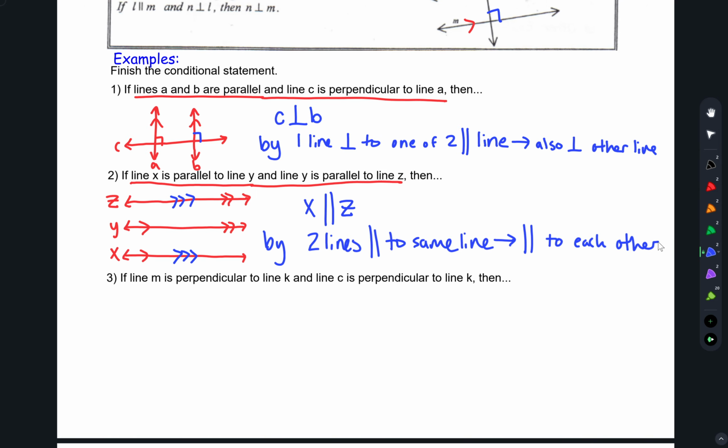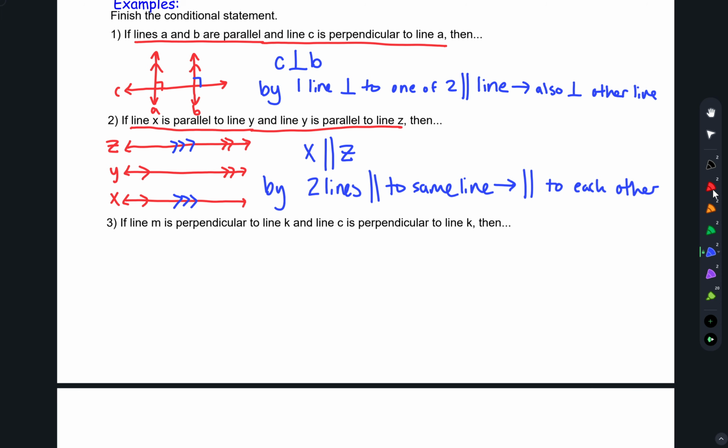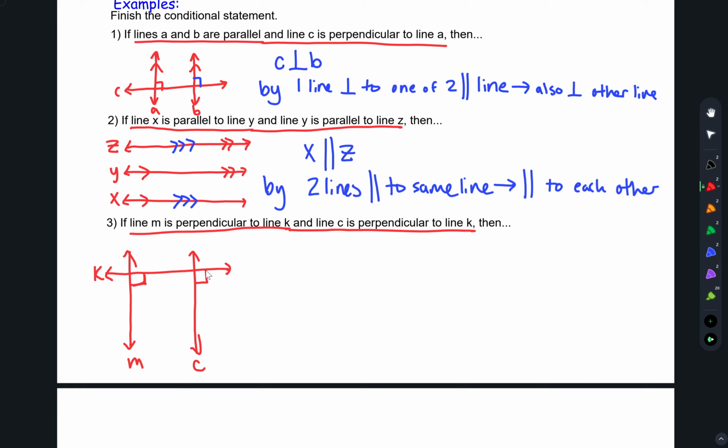Questions on that one? Number 3, same deal. If line M is perpendicular to line K, let's draw M. Let's draw K. They are perpendicular. Line C is perpendicular to line K. Then what do we know?